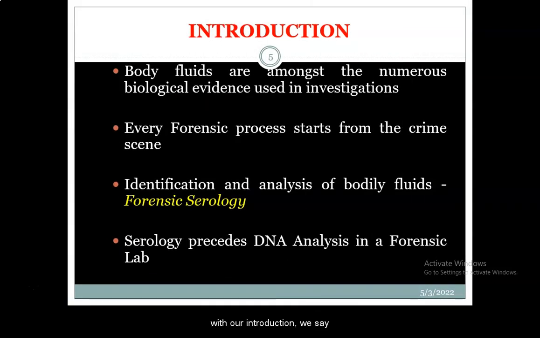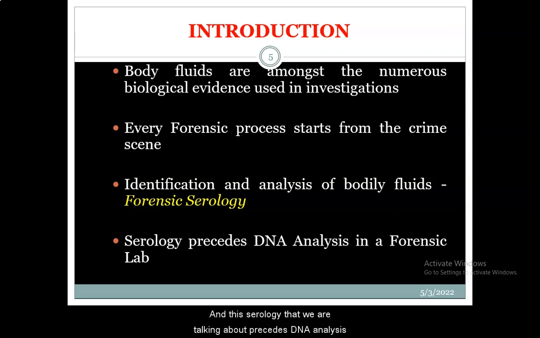With our introduction, we say body fluids are among the numerous biological evidence used in investigations. Every forensic process starts from the crime scene. Identification and analysis of body fluids is what we call forensic serology. That is one branch of forensic biology.